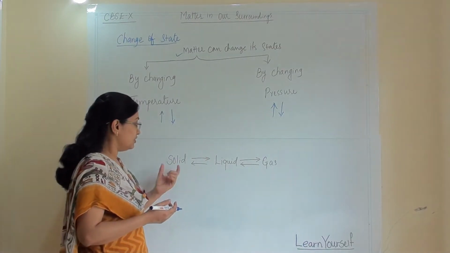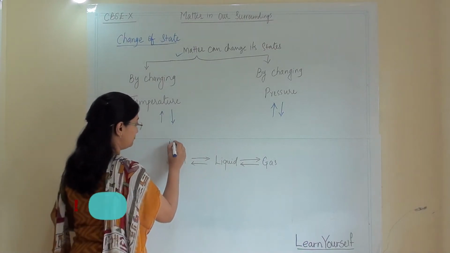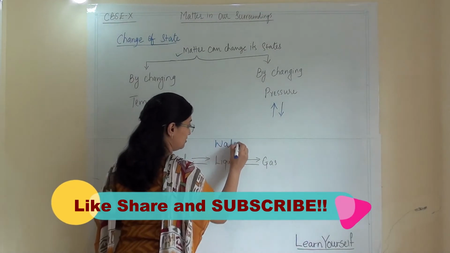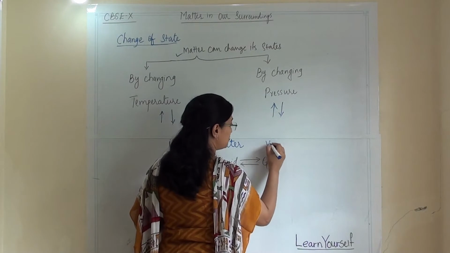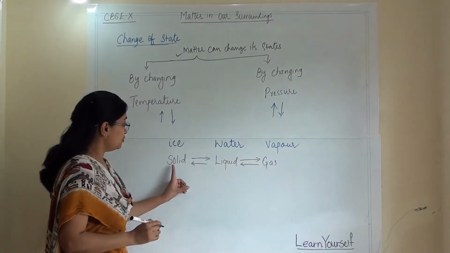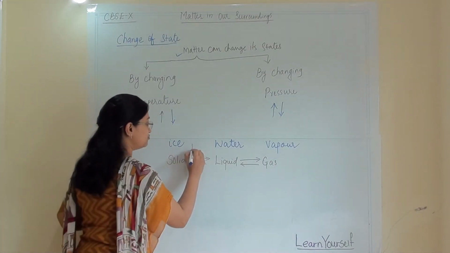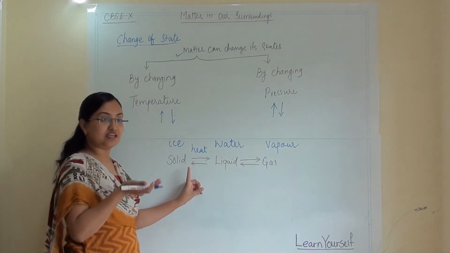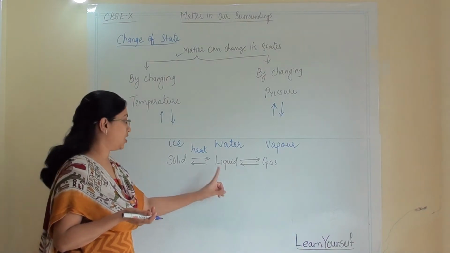We all know solid. Here we are going to take one example of ice. As a liquid we are going to take water, and as a gas let us take steam or vapor. So when a solid is converting into liquid, we have to give heat. By raising the temperature, the ice will change into water.